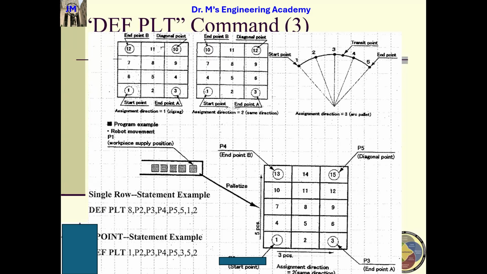What is the significance of palletizing? You want to automate this system, save energy and save human labor. You guys agree? So you only need to define these 4 points, and the assumption is that between these 2 points, the 100 pieces are evenly spaced. And also in this dimension, between these 2 points, the 1000 pieces are evenly spaced as well. This is our huge assumption.